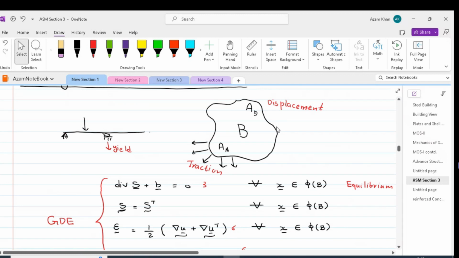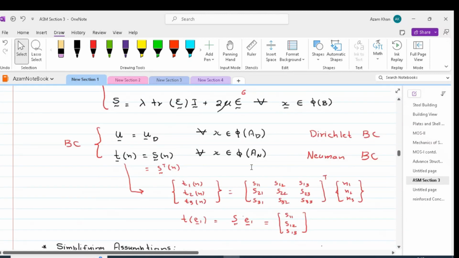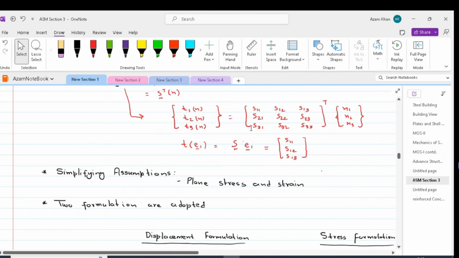So we can take any normal vector on the boundary of the body, multiply the stress tensor at that point with the normal vector, and we will get the traction at the boundary. The example is that if we take this stress tensor, transpose it, and then multiply it, for example, with E1, which is 1, 0, 0. So E1 is actually the outward drawn normal in the direction x1.